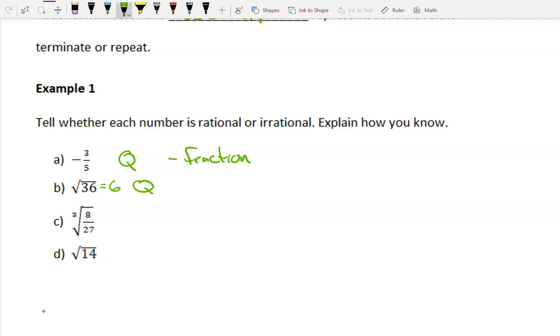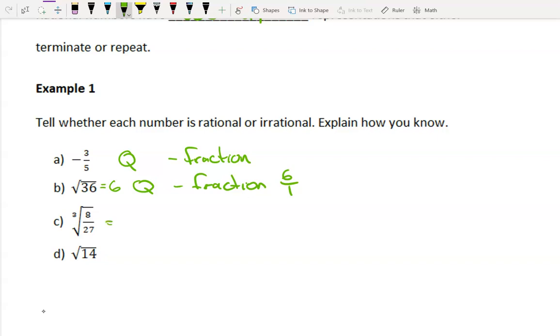It's a whole number, a natural number, an integer. How do I know it's rational? Well, it can be represented as a fraction. How can 6 be represented as a fraction? You could write it as 6 over 1. Remember, what is rational? A number that can be written as a fraction.